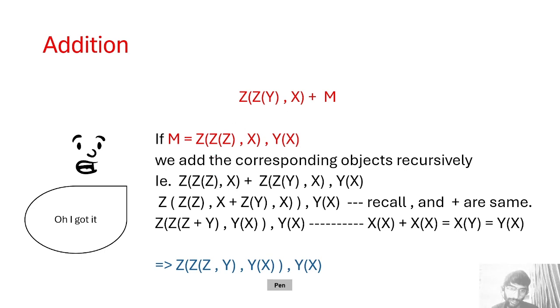So we are going to add the z symbol quantity from both terms. They will be added, and the y will remain as it is, right?